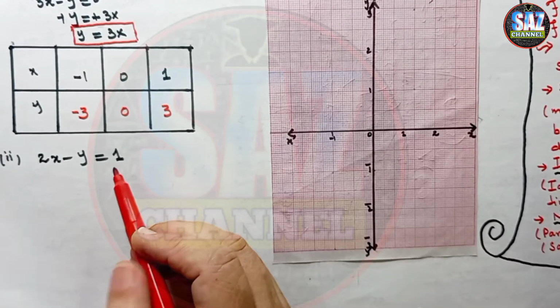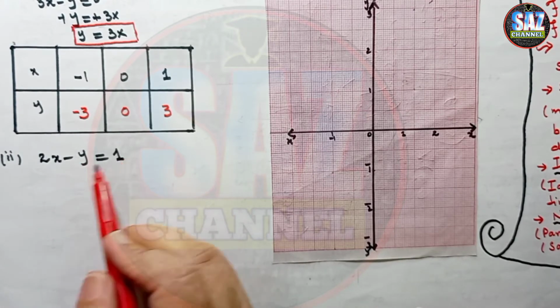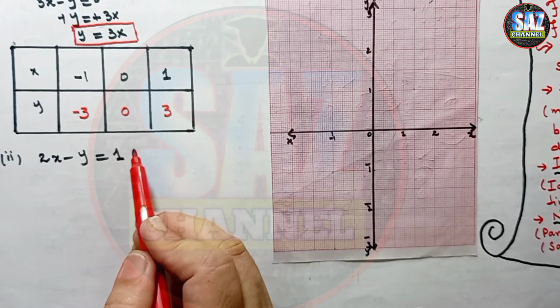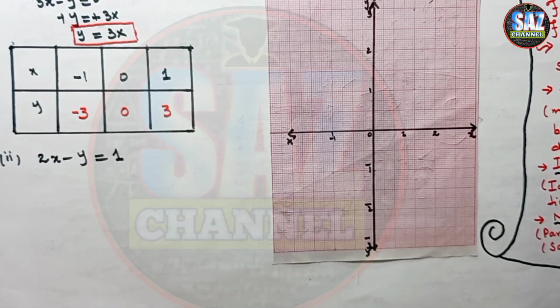Now come to the second line, that is 2x minus y equals 1. This is the line which has an intercept with it, so for the plotting of this line, we can go with the intercept method.